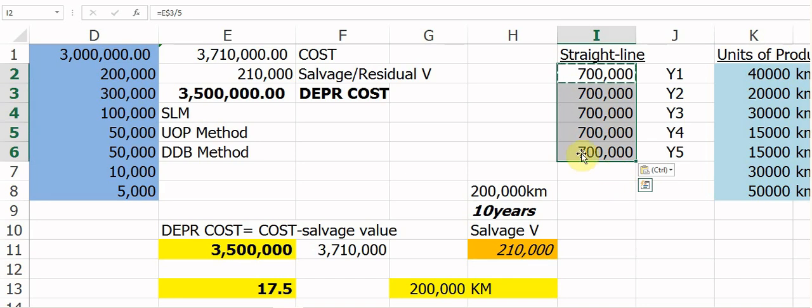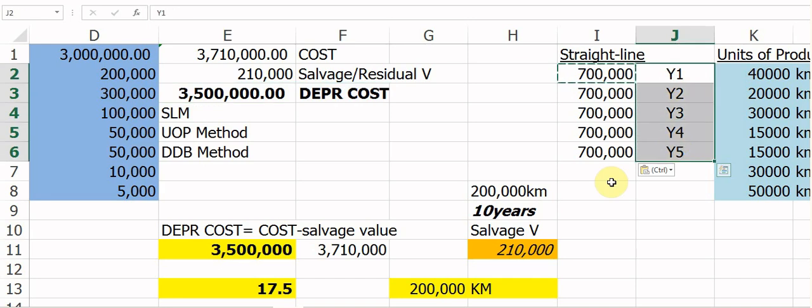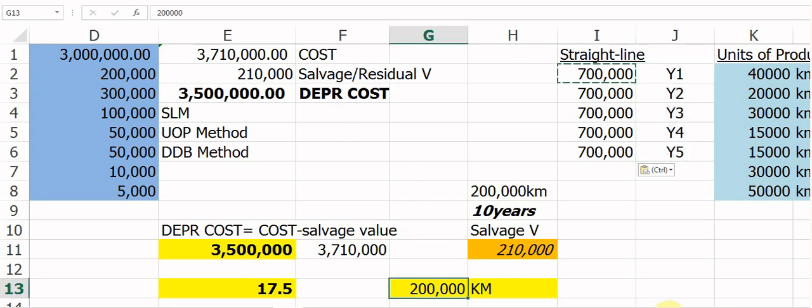The second method is the units of production method. Again, I'm going to use this 3.5 million. Instead of dividing it by years, I divide it by how many units I think I can get out of the machine or asset. For a car, let's assume this car is good for 200,000 kilometers.